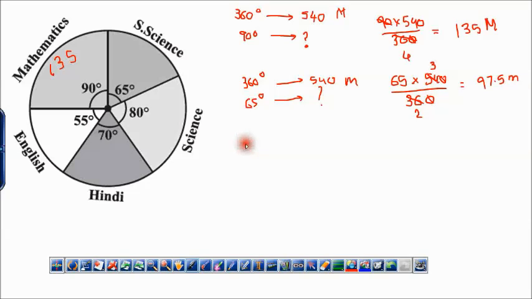Similarly, calculate for 80, 70 and 55 also. When you calculate all, do a grand total. Grand total should be 540 marks. I will calculate the rest.